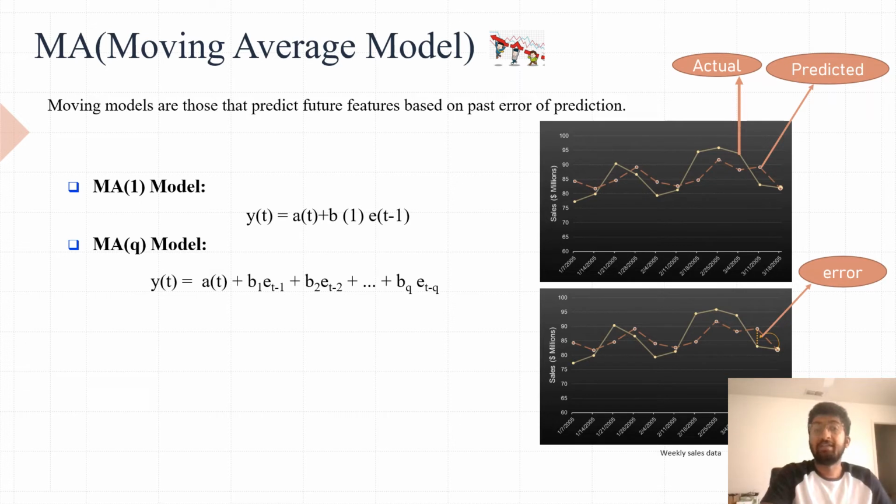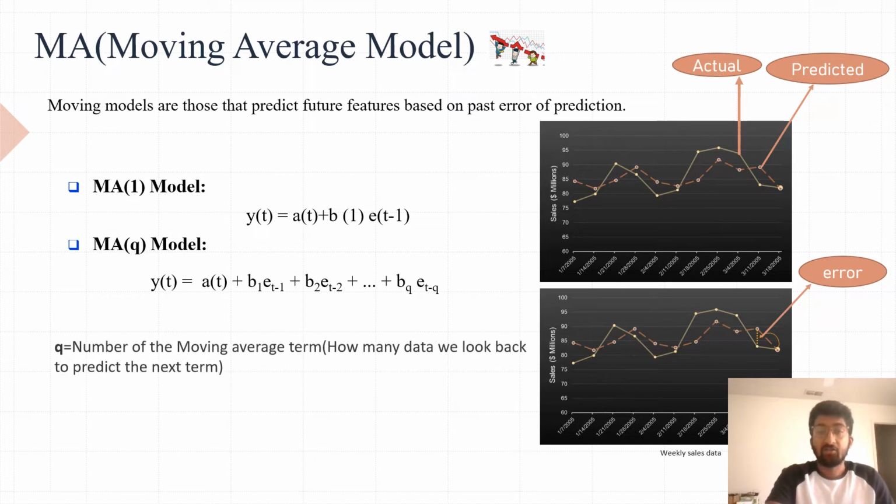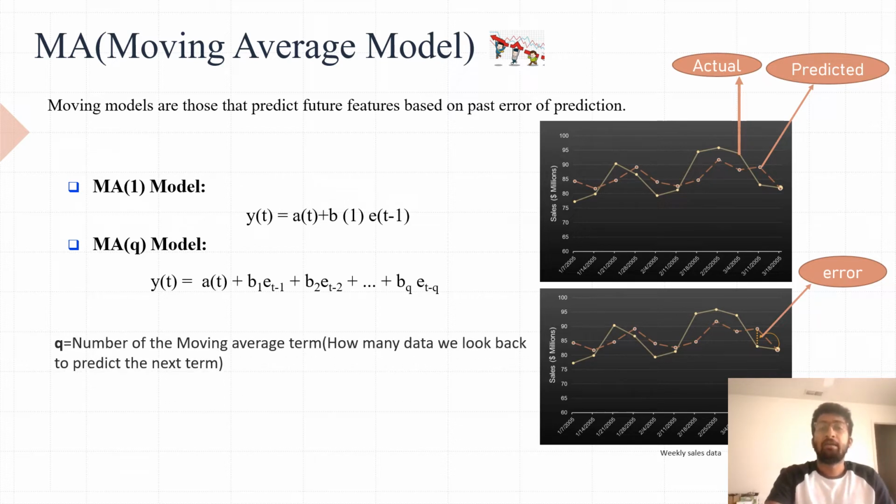Suppose in the MA1 model, it will just see the past error, the one step back error, and in the MA(Q) model it will go back Q terms and make a prediction based on that. The Q in the ARIMA model is the number of moving average terms, that is, how much data the model looks back on to predict the next term.